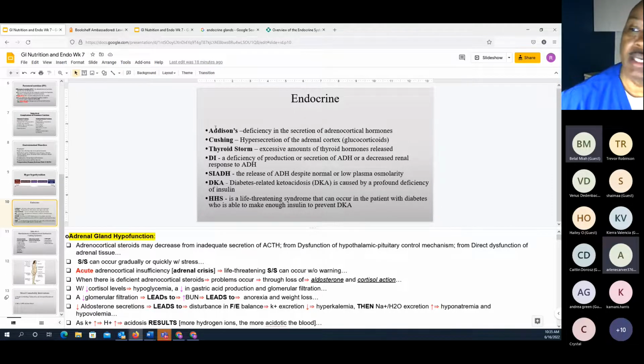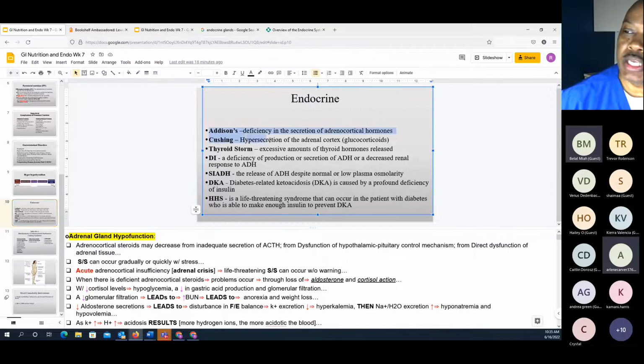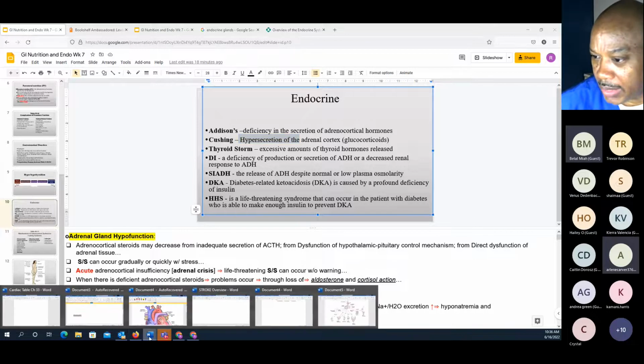We're talking about a deficiency of adrenal cortical hormones, and of course there is a hypersecretion of these hormones, right?